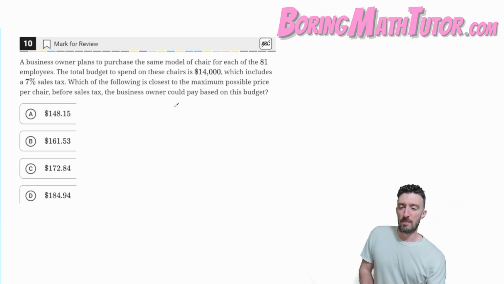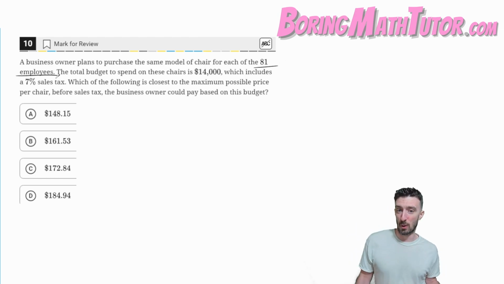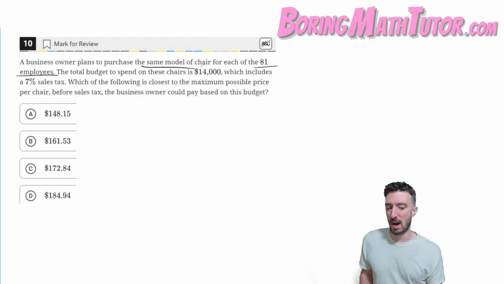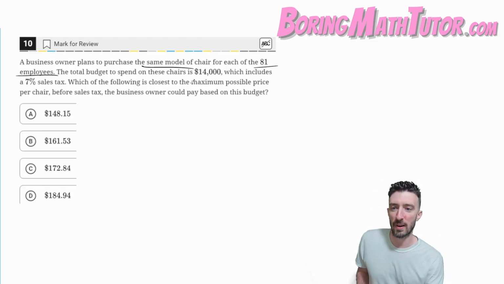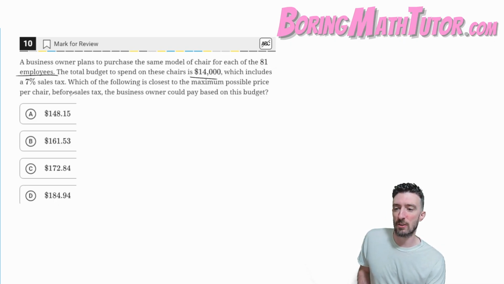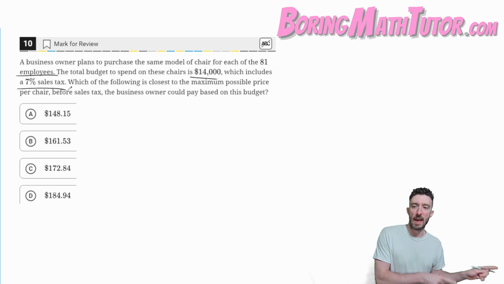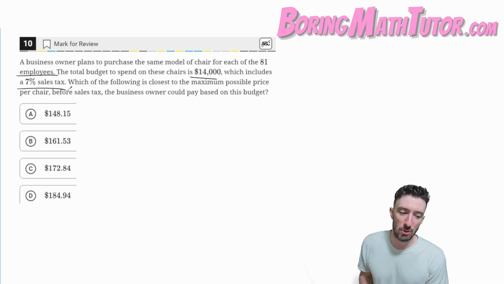All right, we got a business owner that's planning to buy chairs for his 81 employees, and it's going to be the same model. So this company sucks, but anyway, he's got a total budget of $14,000, which includes the 7% that the government is going to tack on to the price of the chairs.